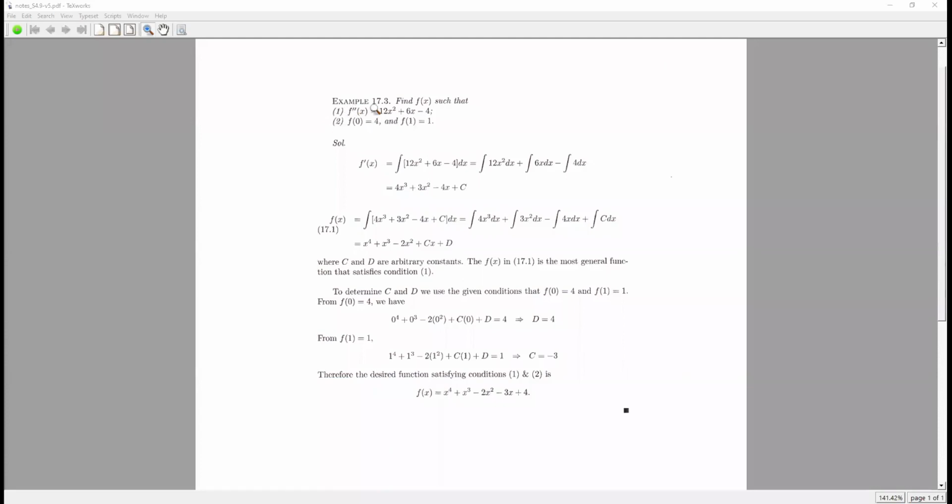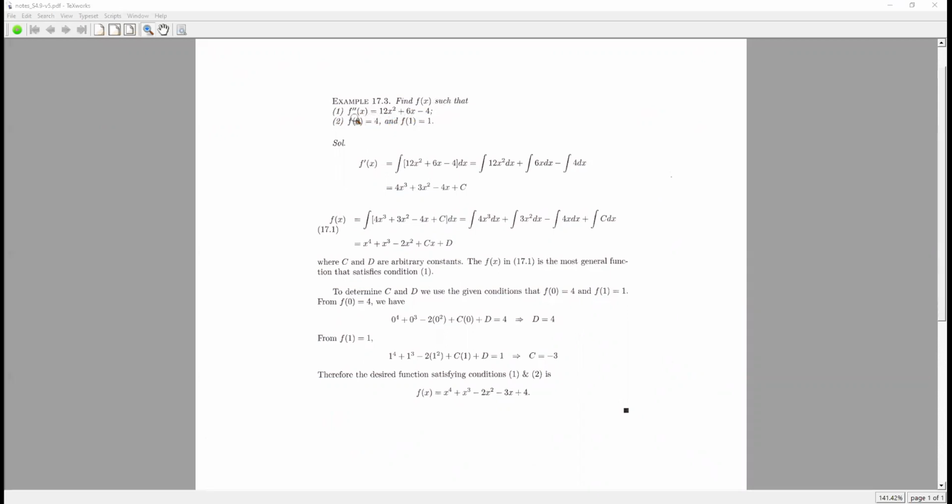Example 3. Find a function f that satisfies these two conditions. To answer this question, I first find all the possible functions f that satisfy condition 1. That is, find all the possible functions that satisfy this equation.